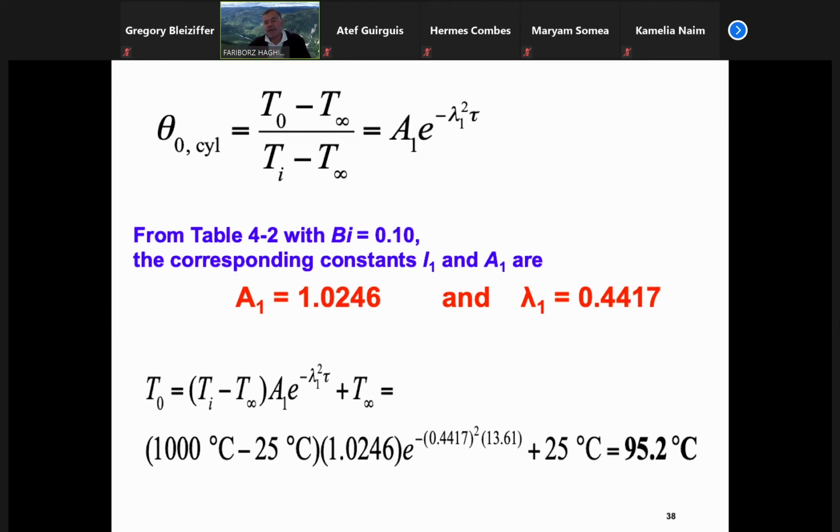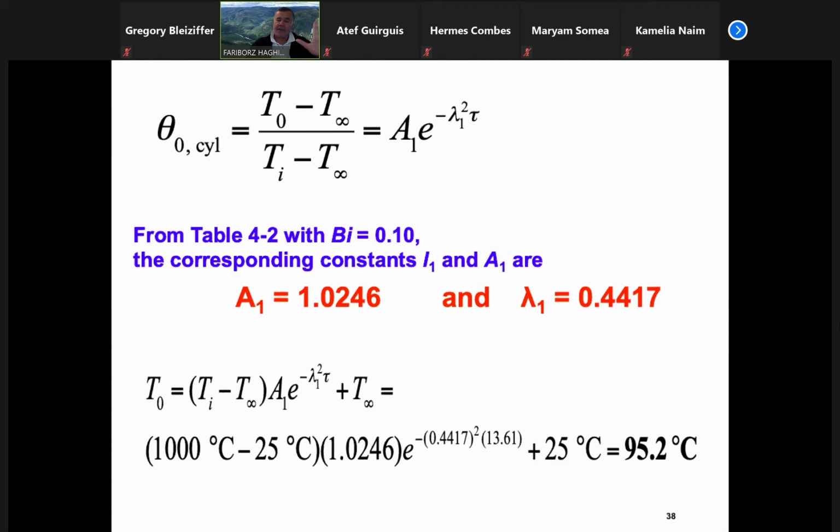Therefore, not all the heat conduction goes from one side to the other. A portion of that heat conduction will be stored inside the material and released slowly. That we call transient, as a function of time. Therefore, the temperature change is a function of time. If I change the time in my Fourier number, I can go from 1000 slowly as a function of time.